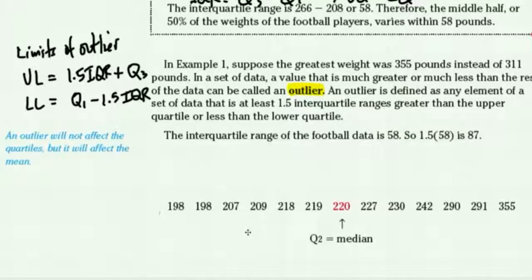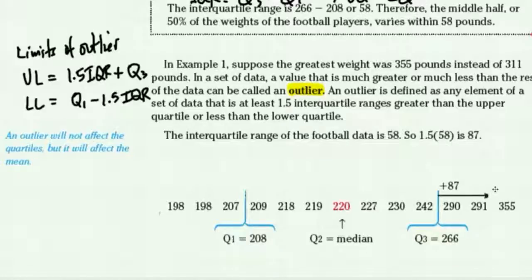First, we find our lower quartile and upper quartile. We know that this is our Q1, our lower quartile, and Q3 is our upper quartile. To find the upper limit of our outlier, we need to add 1.5 times the IQR, in this case 87, to the upper quartile, so 353 becomes our upper limit.